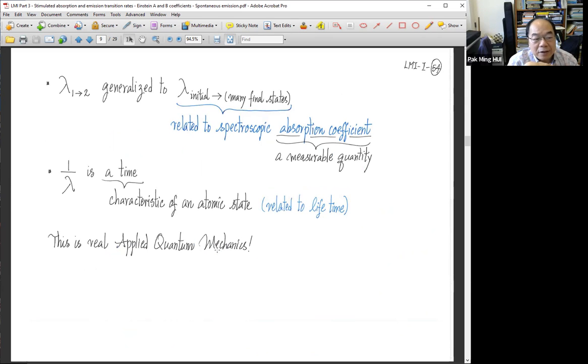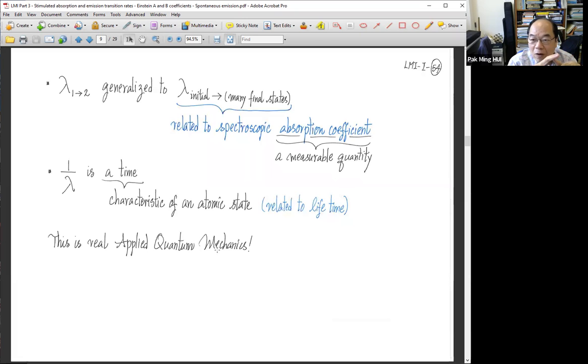Final hint, we have lambda being a transition rate, which is 1 over time. Therefore, if I flip lambda, it is something like a time. So it may be related to what experimentalists refer to as the lifetime. And it is true.